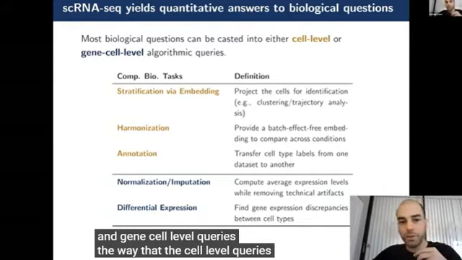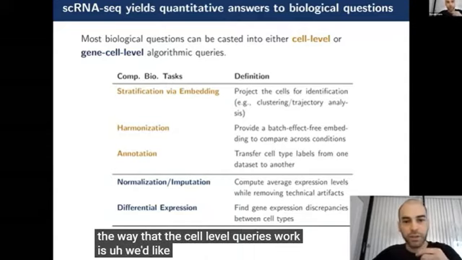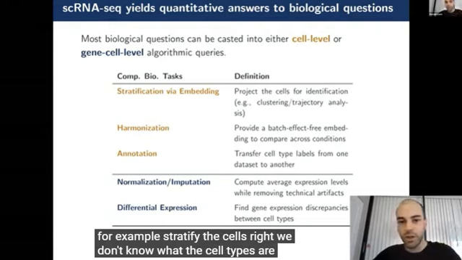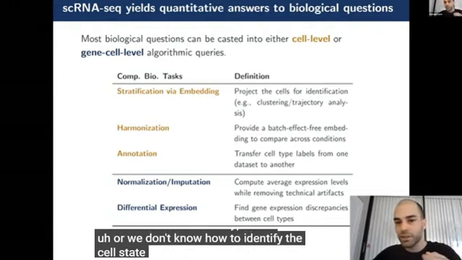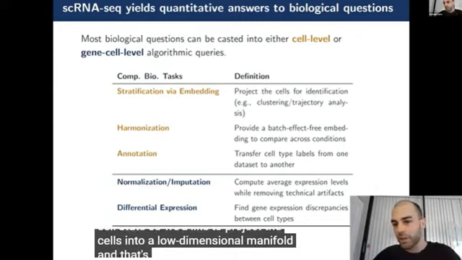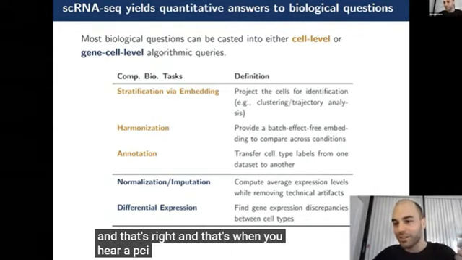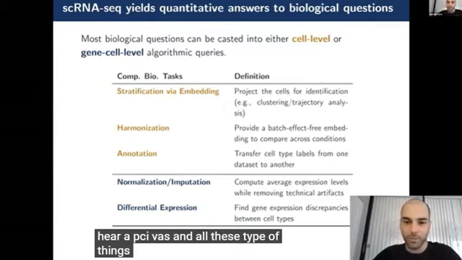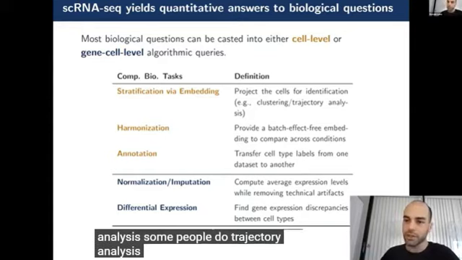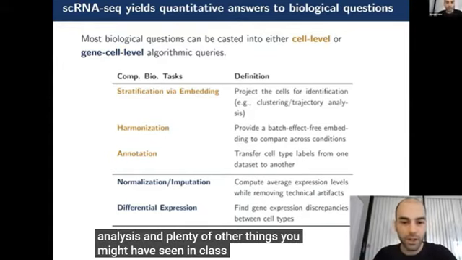With cell level queries, we'd like to, for example, stratify the cells. We don't know what the cell types are, or we don't know how to identify the cell state. So we'd like to project the cells into a low dimensional manifold, and that's when you hear PCA, VAEs and all these types of things. But we'd like to maybe do more refined analysis. Some people do trajectory analysis and plenty of other things you might have seen in class.